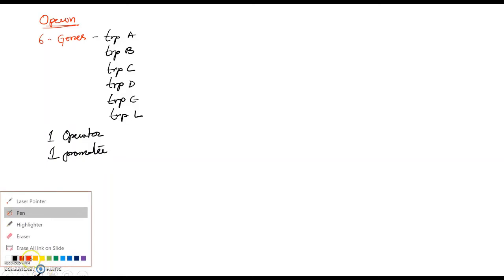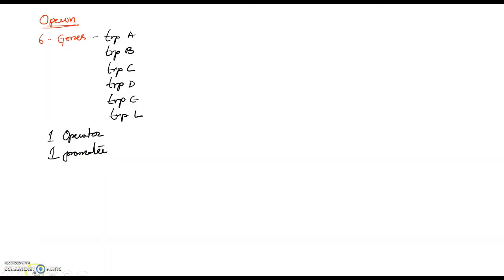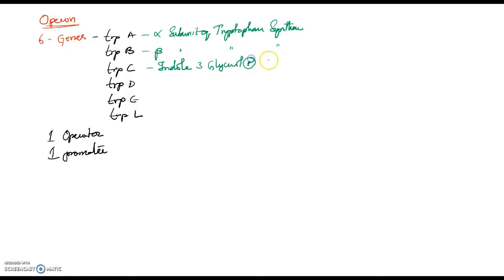Now, what does this translate into? What is tryptophan A? Alpha subunit of tryptophan synthase. B, beta subunit of tryptophan synthase. C, indole 3 glycerol phosphate synthase.